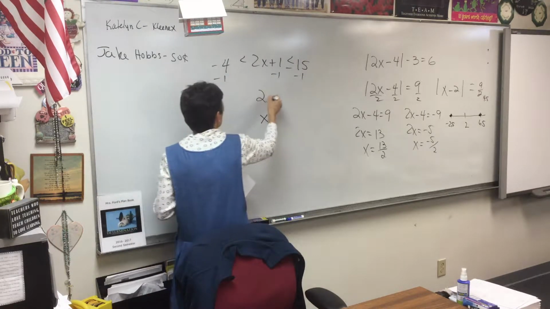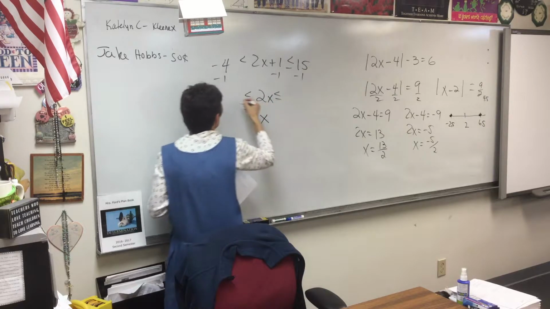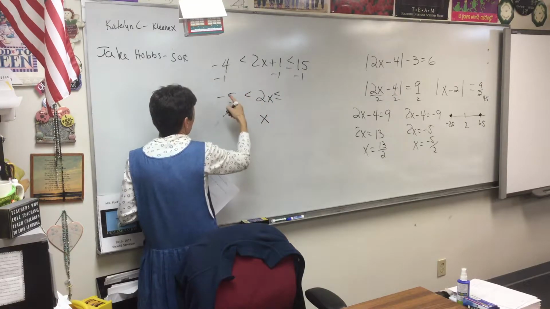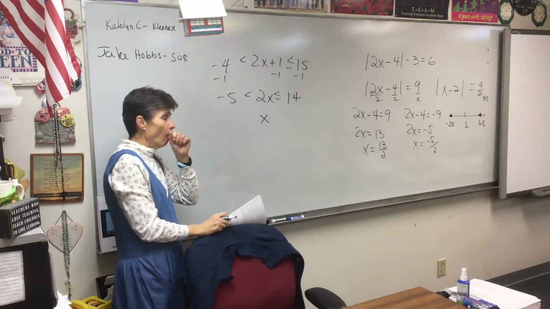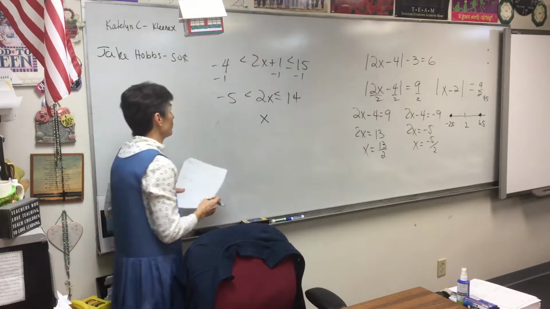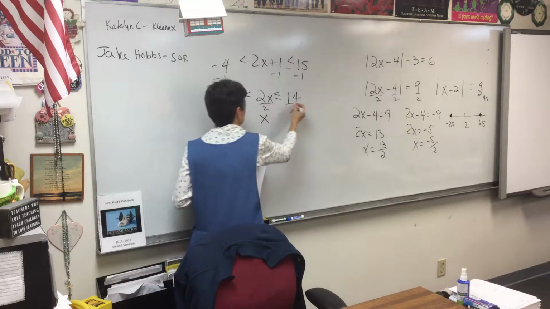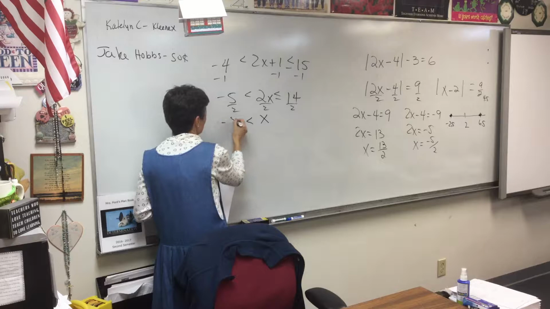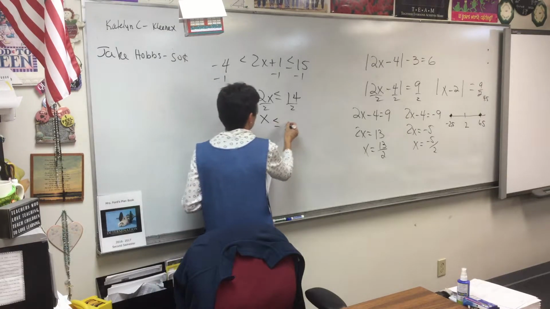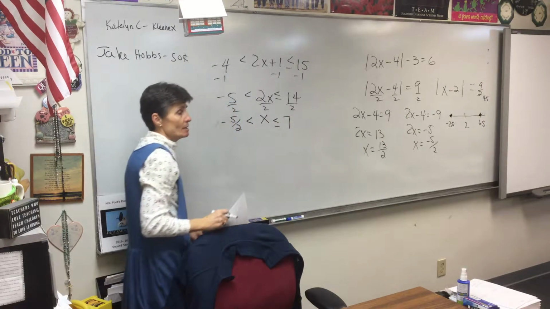So now we have 2x in between -5 and 14. Now we will divide by 2. So x is between -5/2 and 7.